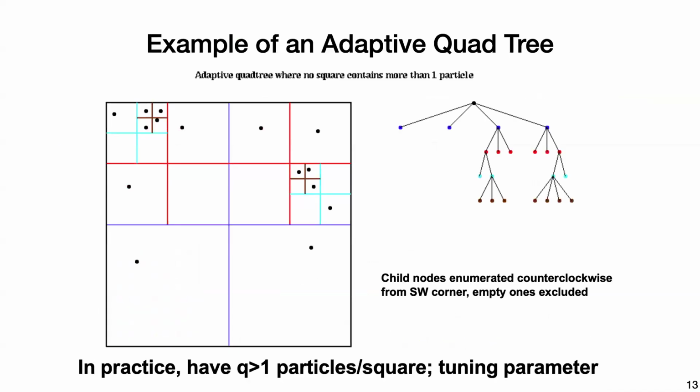This is just an example of an adaptive quadtree. So this is the grid, the whole 2D grid, and at the first level you cut it here into 4 pieces. And it just happens that these two each have one single particle in them. So we don't need to keep further dividing. We could keep further dividing these 4 by 4, and then one of the leaves would have 1 particle, and all the rest of the leaves under the subtree would have nothing. And so, realizing that case, we just cut off the tree here.